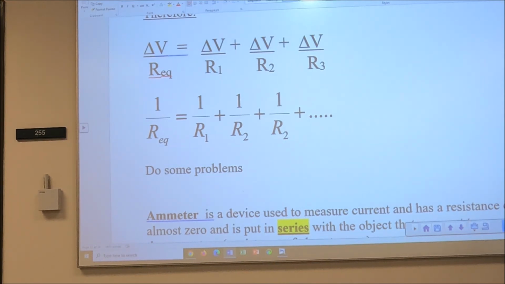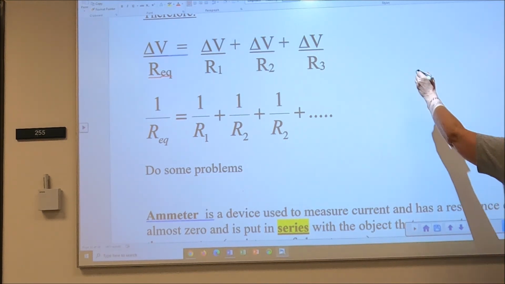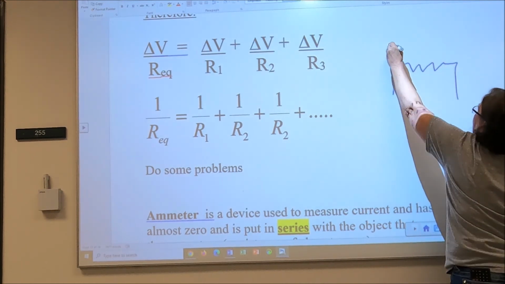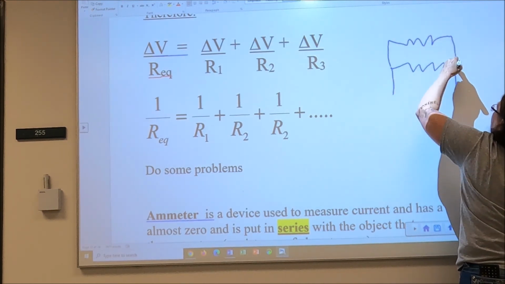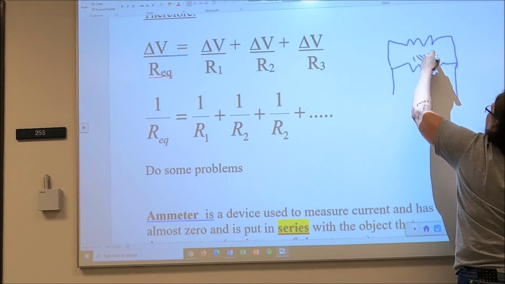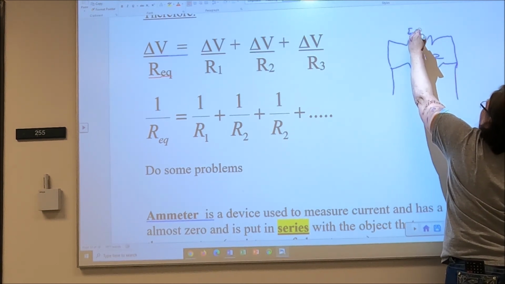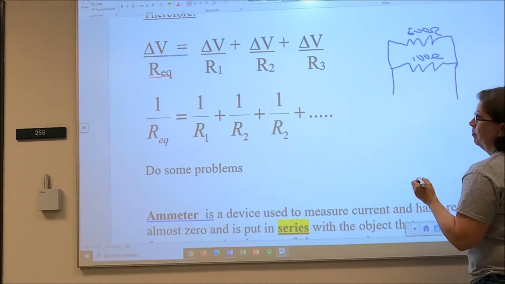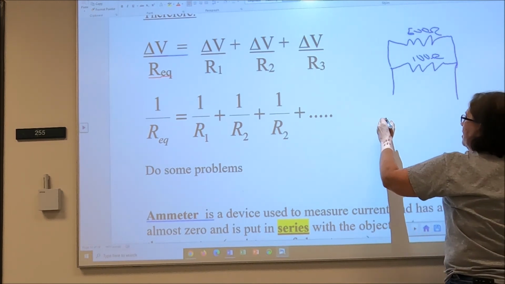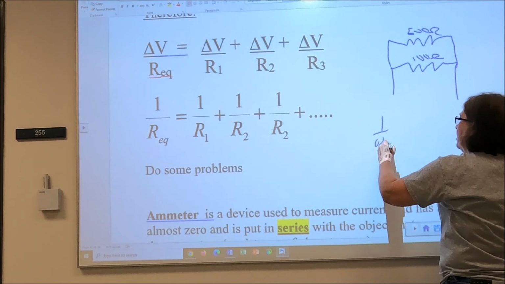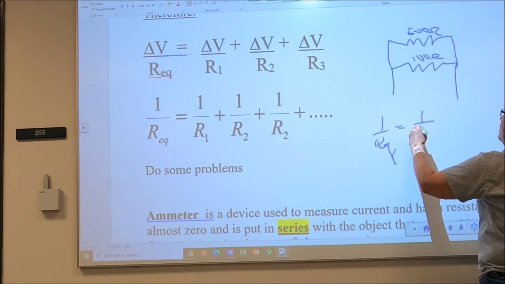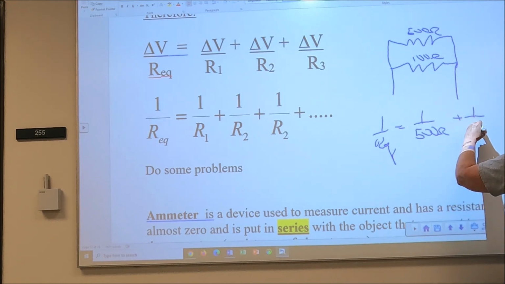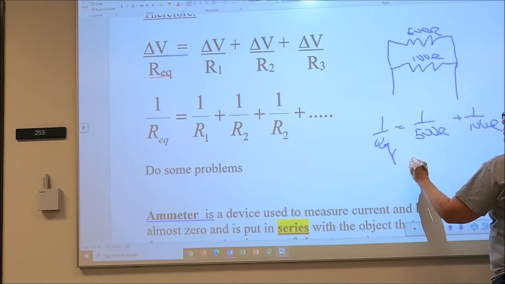So for example, if I had two resistors, a 100 ohm resistor and a 500 ohm resistor, in parallel, then 1 over R equivalent is 1 over 500 ohms plus 1 over 100 ohms.